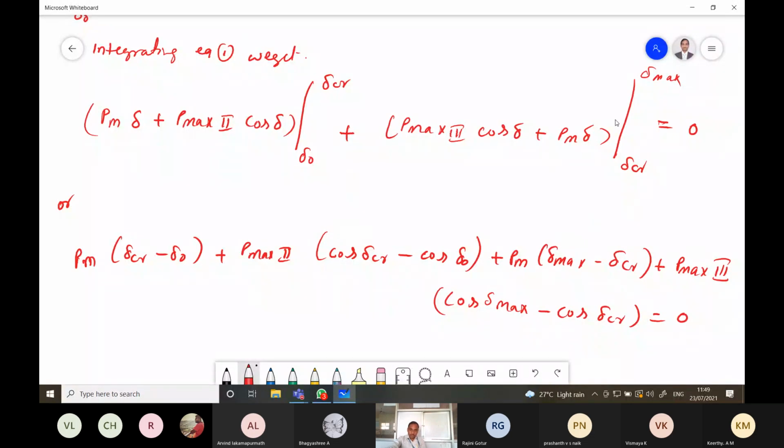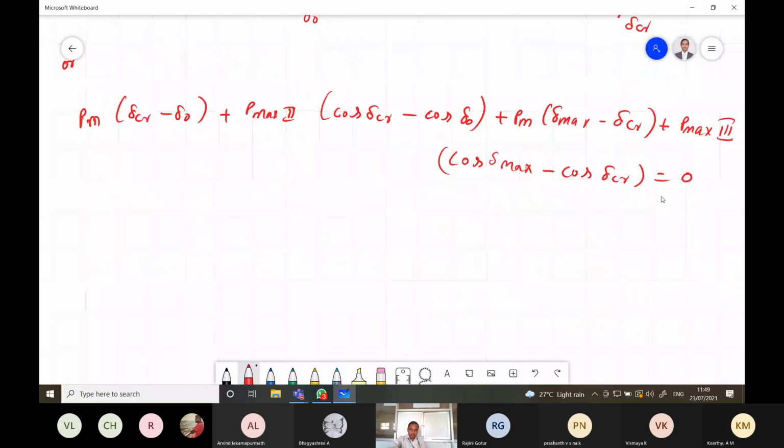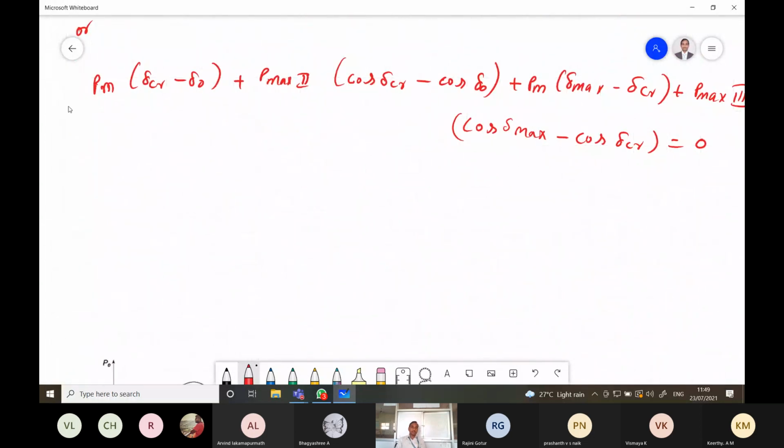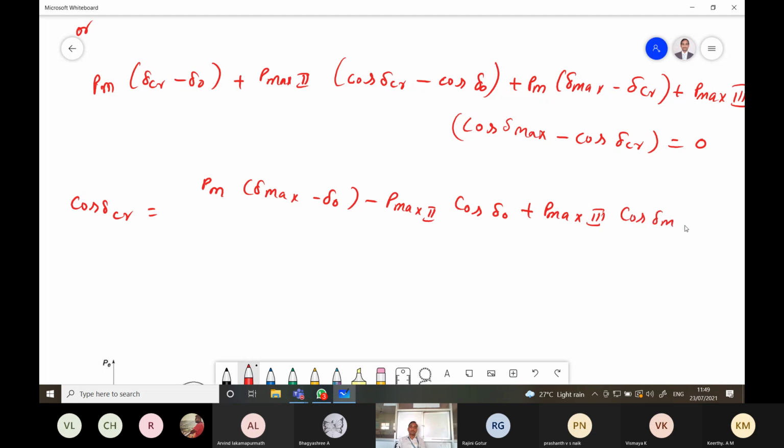So now take cos of delta Cr outside. You will get cos of delta Cr is equal to Pm into (delta max minus delta naught) minus P max 2 into cos of delta naught plus P max 3 into cos of delta max, divided by (P max 3 minus P max 2).